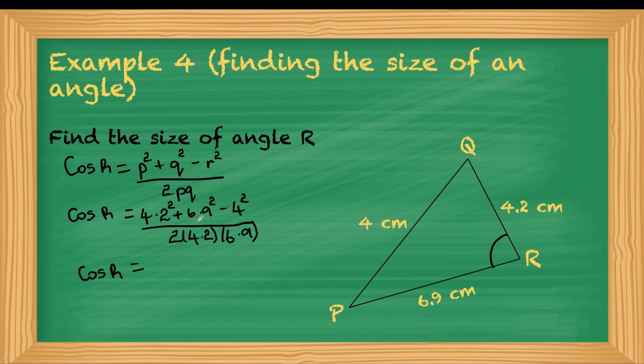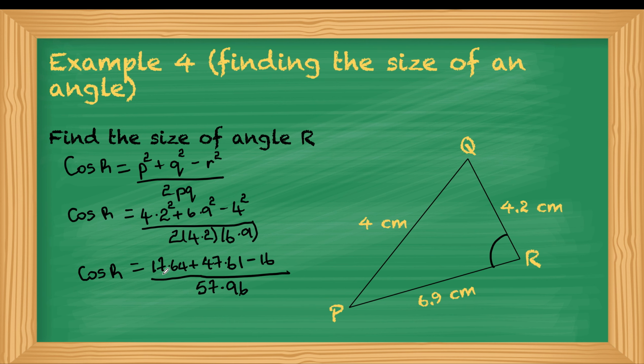Now, when we square 4.2, we will get 17.64 plus 6.9 squared would give me 47.61 minus 16. And when we multiply 2 times 4.2 times 6.9, we'll end up with 57.96.